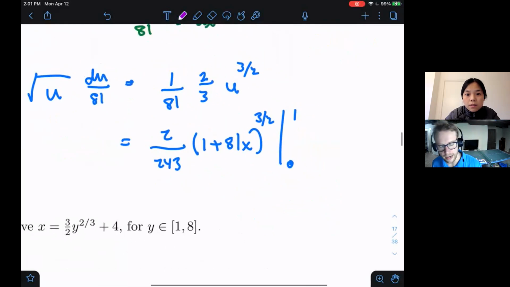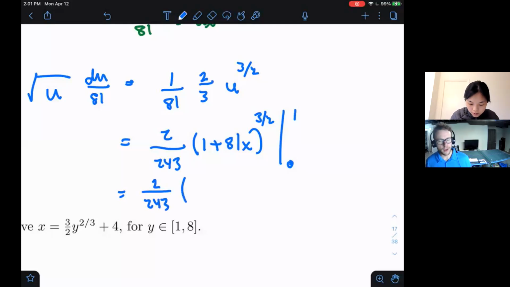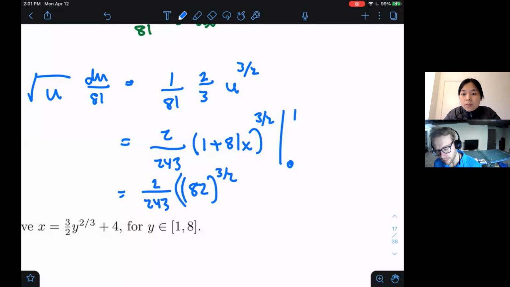So let's go ahead and evaluate this out for our final step. Again, 2 over 243, this constant's along for the ride. When I evaluate at 1, we're going to have 82 raised to the 3/2 power. And when I evaluate at 0, we're going to have 1 raised to the 3/2 power. Well, 1 raised to any power like this is just going to be 1.